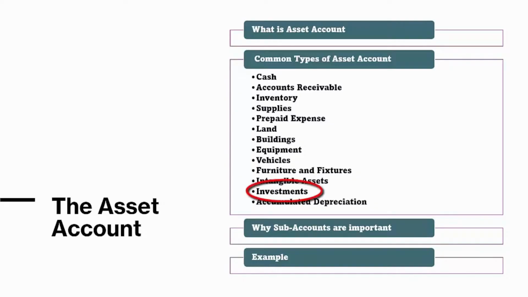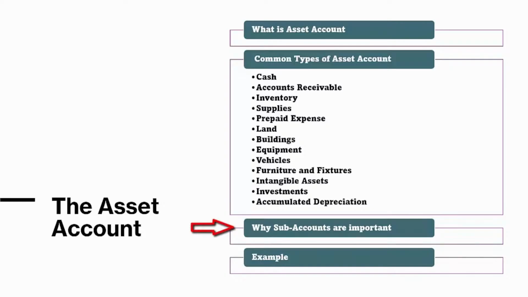Investments. Sometimes businesses buy stocks or bonds as investments. These investments are also considered assets since they are expected to bring future financial benefits. 13. Accumulated depreciation. This account tracks the total amount of value that non-current assets, like buildings or equipment, have lost over time. It's a way to keep track of how much of the asset's value has been used up.